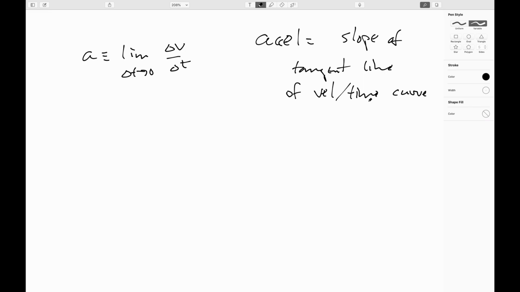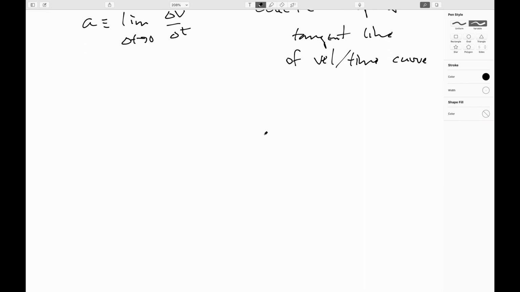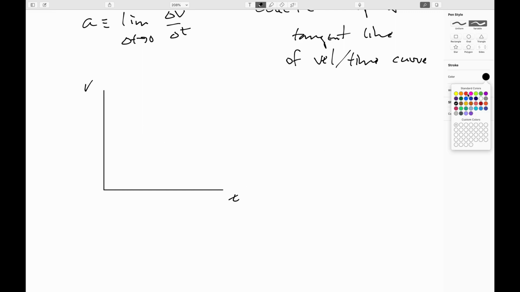So let's look at a few specific cases here. For instance, I could have a graph of, let's just start with the V versus T graph, where V increases steadily with time.